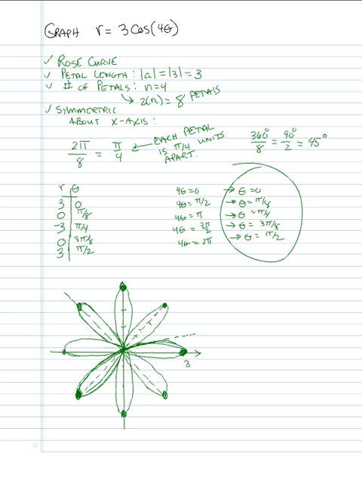And that's how we ended up clear back up to this position. And so we really have just done a few of the loops there, and we've got to let theta go all the way up to 2 pi before we get through all of those petals. But at least we've drawn the graph, and right now that's what we were mostly interested in.